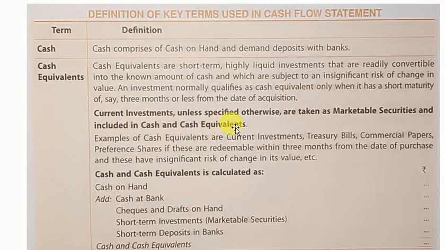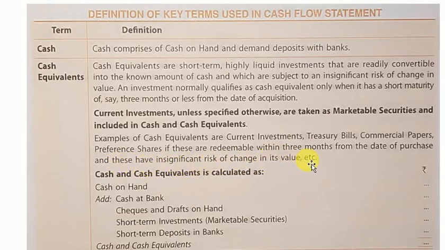So here it's written, examples of cash equivalents are current investments, treasury bills. Remember, I talked about bills of exchange, commercial papers, preference shares, if these are redeemable within 3 months. Only those preference shares which have a redemption time period of 3 months from the date of its purchase or acquisition, and these have insignificant risk of change in its value.